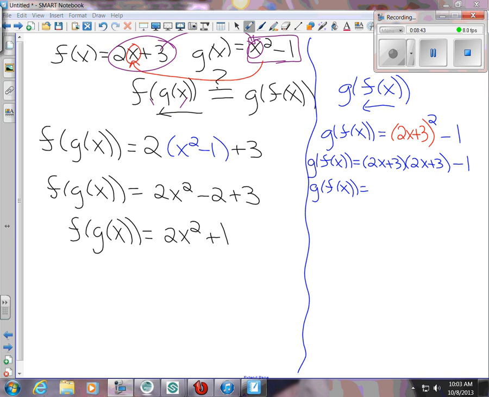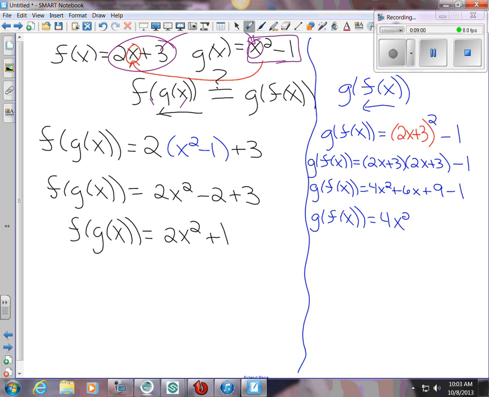Okay, so when you FOILed it out, you got, good. How many of you got that? Anybody lose that minus 1? Yeah, a couple of you. Okay. So last step, combine my like terms. We get 4x squared plus 6x plus 8.